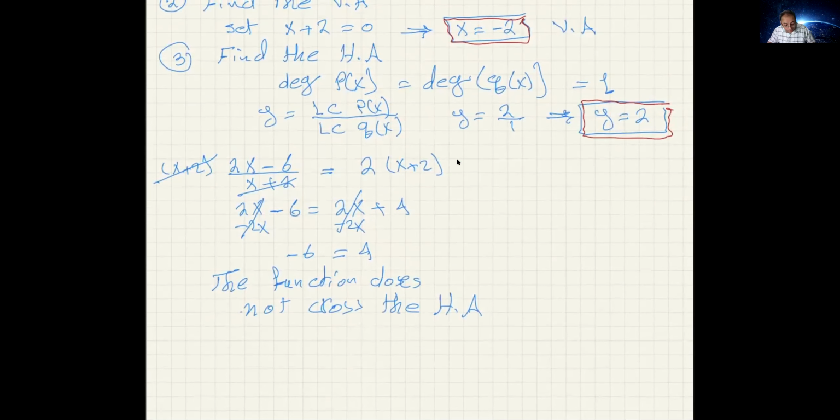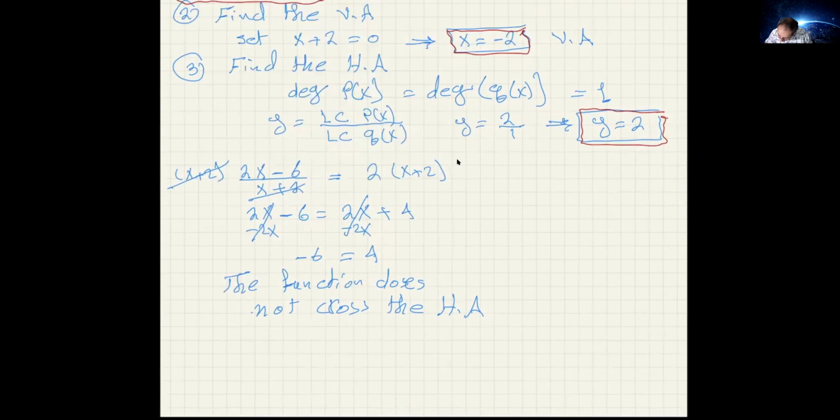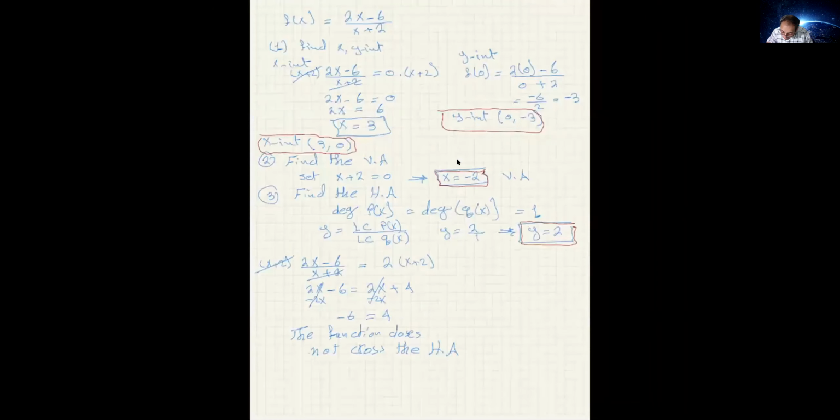Okay, now I'm going to test the values, and let's do that on another page. We test the values to see where it is positive and where it is negative. The first step is to graph a number line and plot the points of the vertical asymptote and x-intercept.